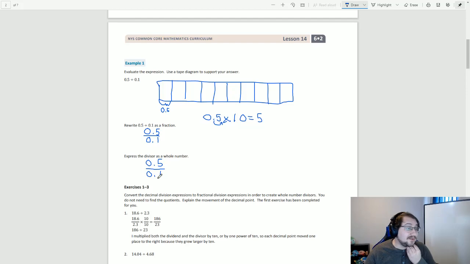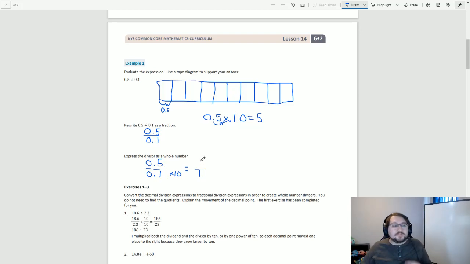So to get rid of that 1/10, I'm going to have to multiply my denominator by 10. And that means that my denominator is going to become a whole number. It's going to be 1. But this is something that we've gone over for a while now.